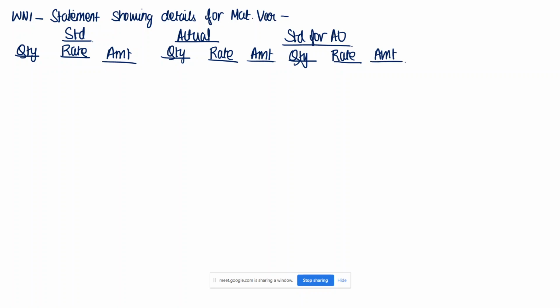Okay. Standard. Divakar, what is the standard given to you? 10 kgs, right? At what rate? 45. Total 450. This is for 10 kgs, yes or no? This is for one packet. One packet is of 10 kgs. Actual, what is the quantity? 8,900. Yes or no?